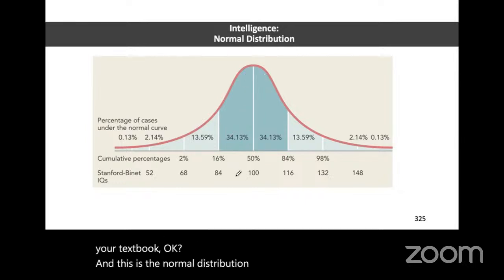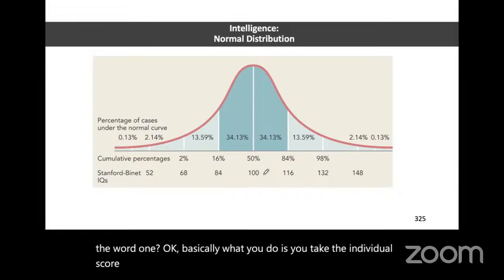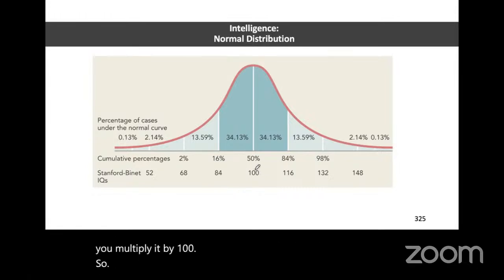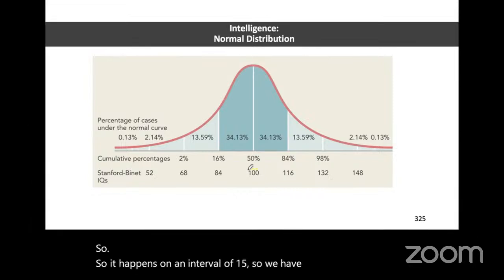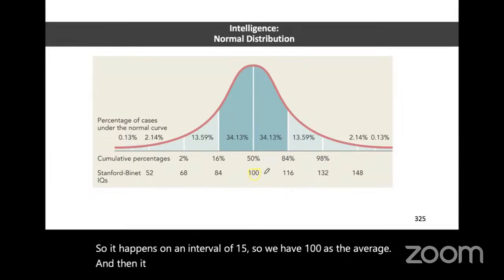Remember when I used the number 1: basically you take the individual score and multiply it by 100. It happens on an interval of 15. So we have 100 as the average, and it deviates by about 15.